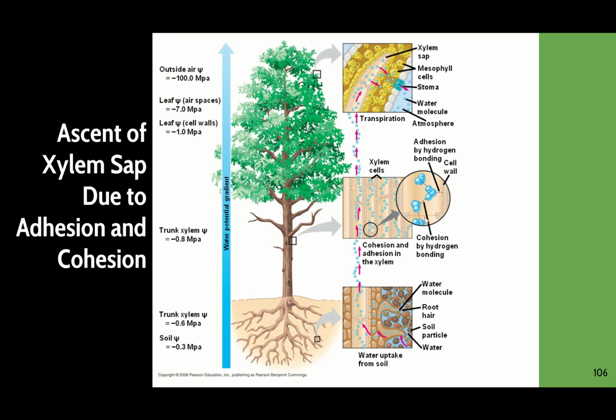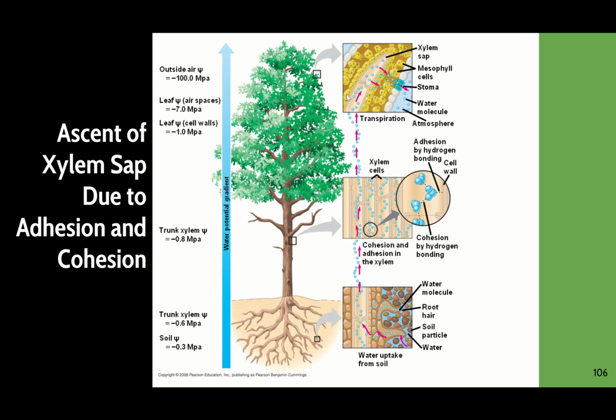And so this is literally going to pull the water upward through the roots because of these attractive forces. Now, if you don't remember these forces of cohesion and adhesion, I encourage you to go back and look at your notes and review those properties of water. But this property of cohesion and adhesion is going to be how water gets all the way to the leaves of the tree and then eventually leaves via the stomata.